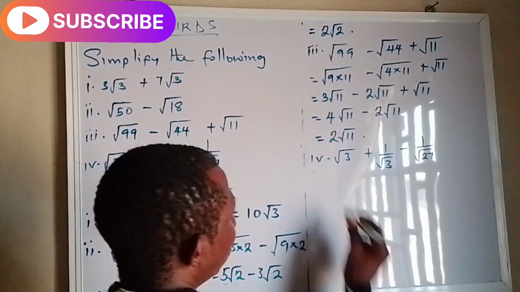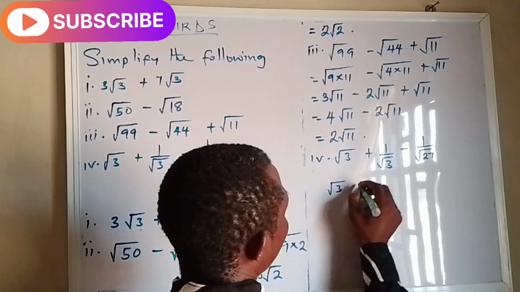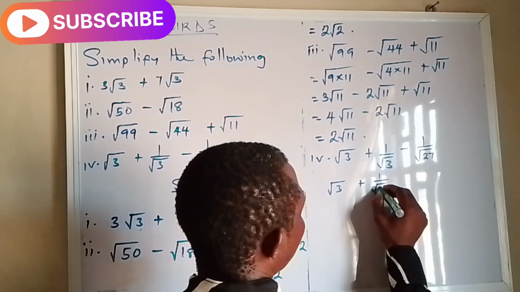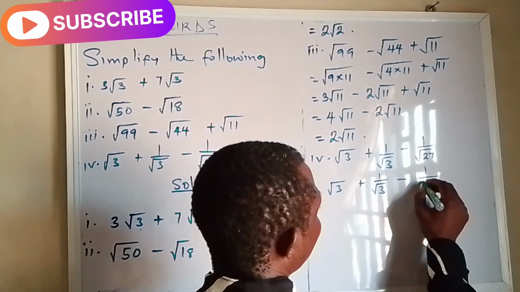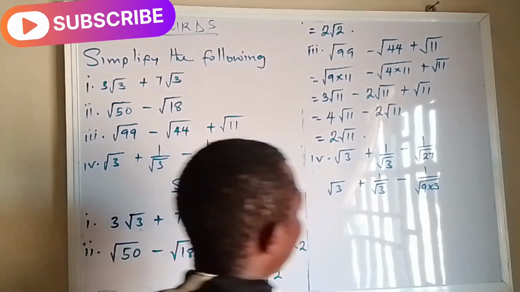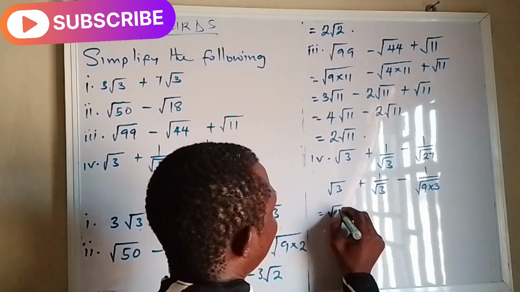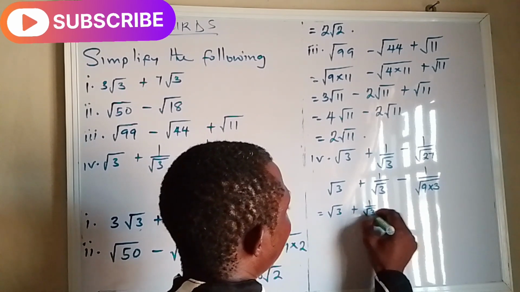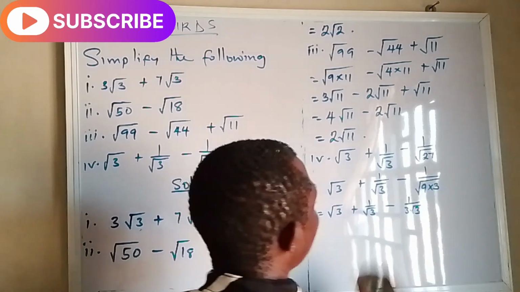So let me adjust to have square root of 3 plus 1 over square root of 3 minus 1 over square root of 9 times 3. Okay, and that gives me square root of 3 plus 1 over square root of 3 minus 1 over 3 square root of 3.